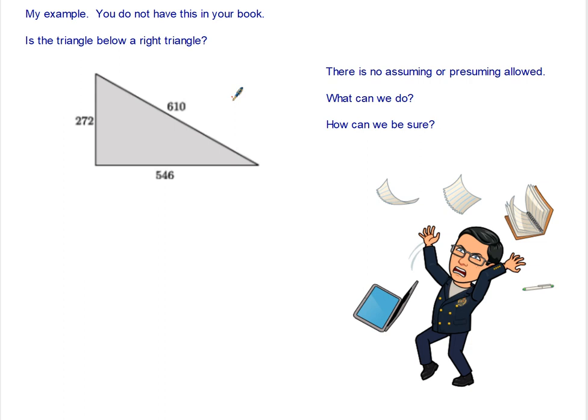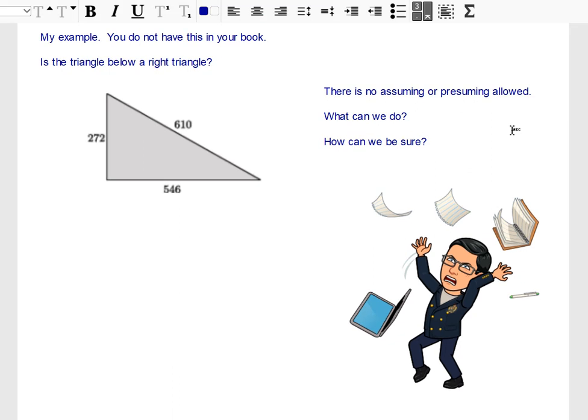So what can we do? Well, we know our formula is A squared plus B squared is C squared. We can do that first, and when we know that, we can go ahead and plug in.